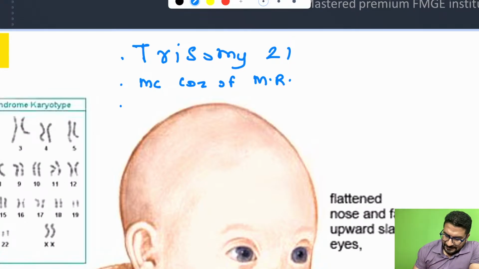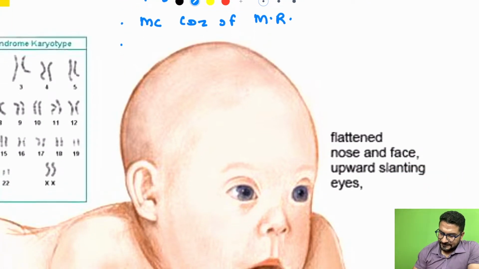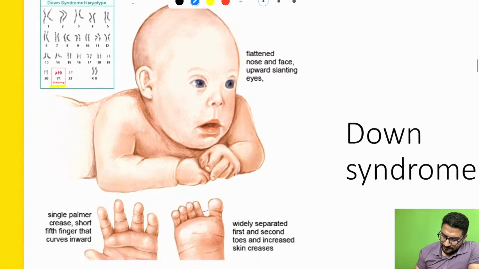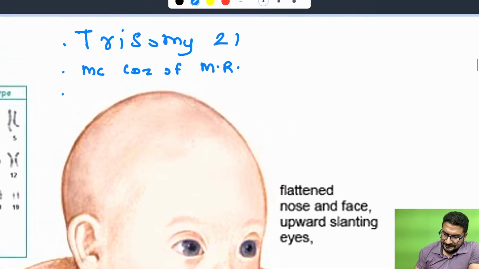Now understand, the patient will have some classical features. You can notice a flat nose with upward slanting of eyes. Again not that important, but here you can notice a gap between the toe and the next toe. So the gap is larger. We call this saddle toes.